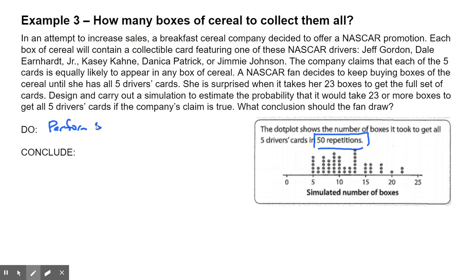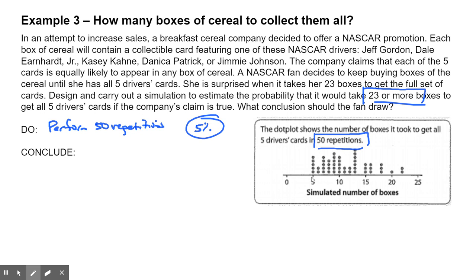And again, you should be getting the dot plots for all your problems. So perform 50 repetitions, and now we have to do a conclusion. So now the question was 23 or more. Remember that our percentage is 5%. So how often did 23 or more occur?